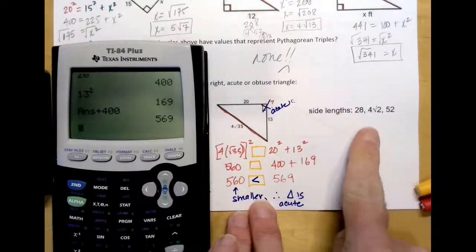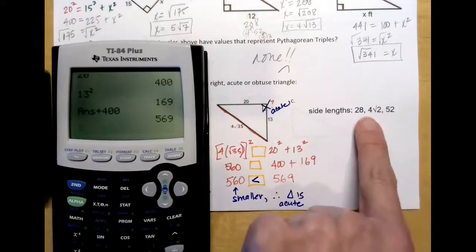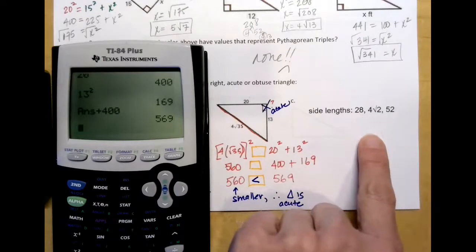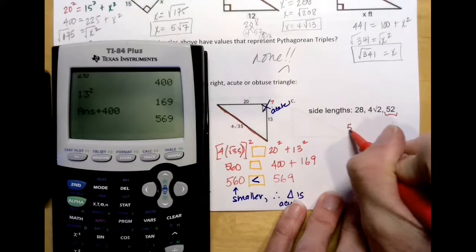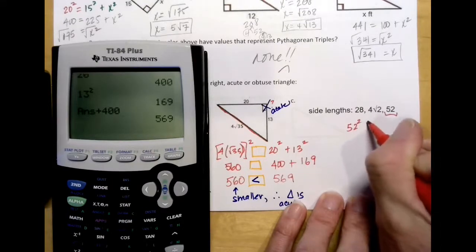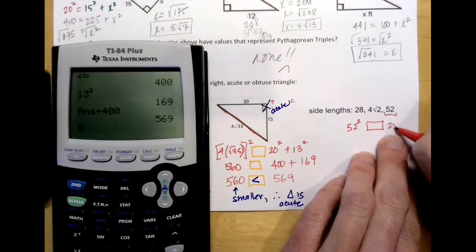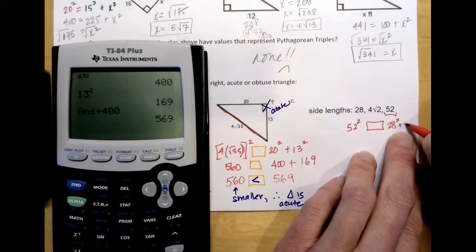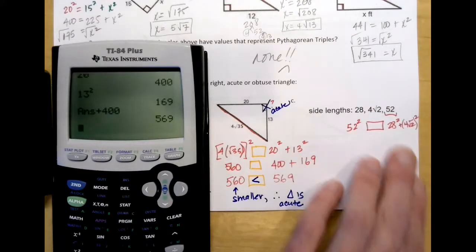All right, we got one more to go. And we'll talk about these side lengths here. And again, I want to find my largest side length. So how about 52 squared? And we compare that to 28 squared plus 4 root 2 squared.